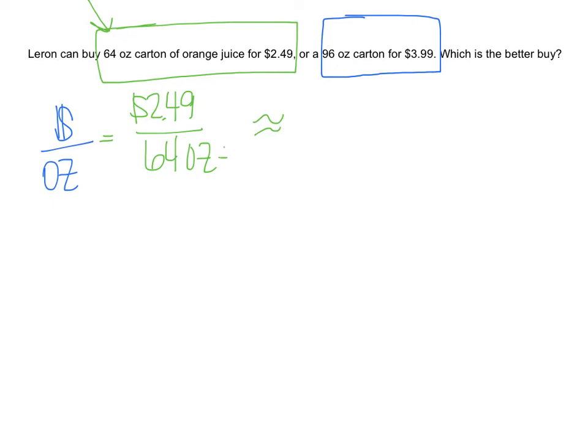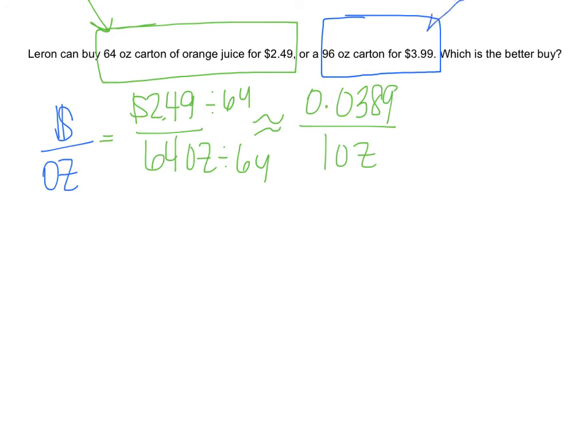So you're going to divide the top and the bottom by 64. It would cost you around, and you can round when you do this, $0.0389, or cents, for 1 ounce. Alright, let's try this second one.